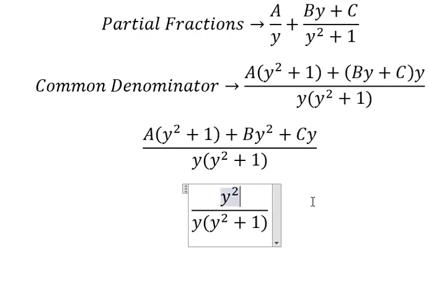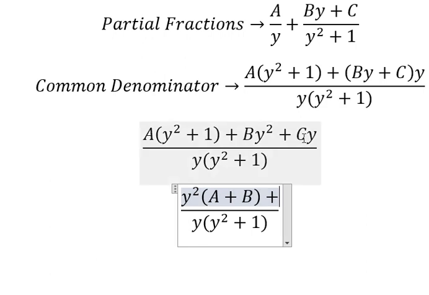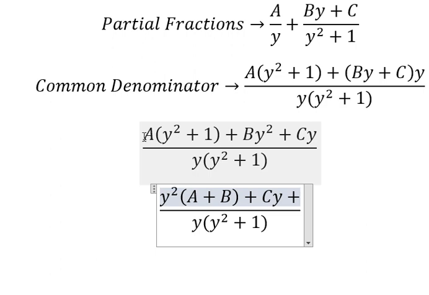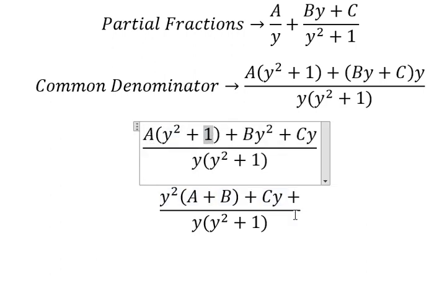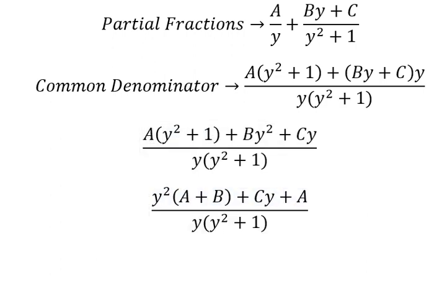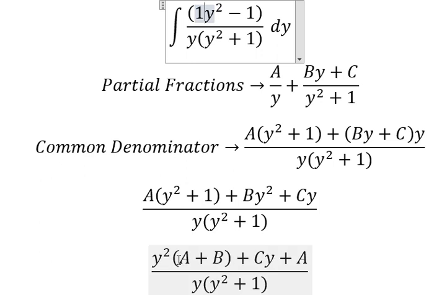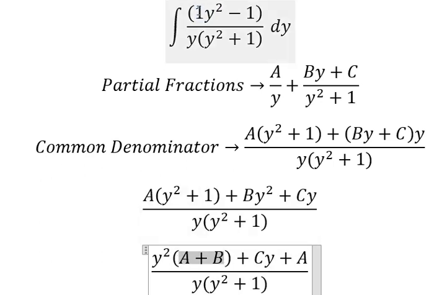For y squared, we have A and B. For y, we have C. For the numbers, we have A with 1, so we have A. Now we need to compare coefficients. The coefficient of y squared is 1, so A plus B equals 1.